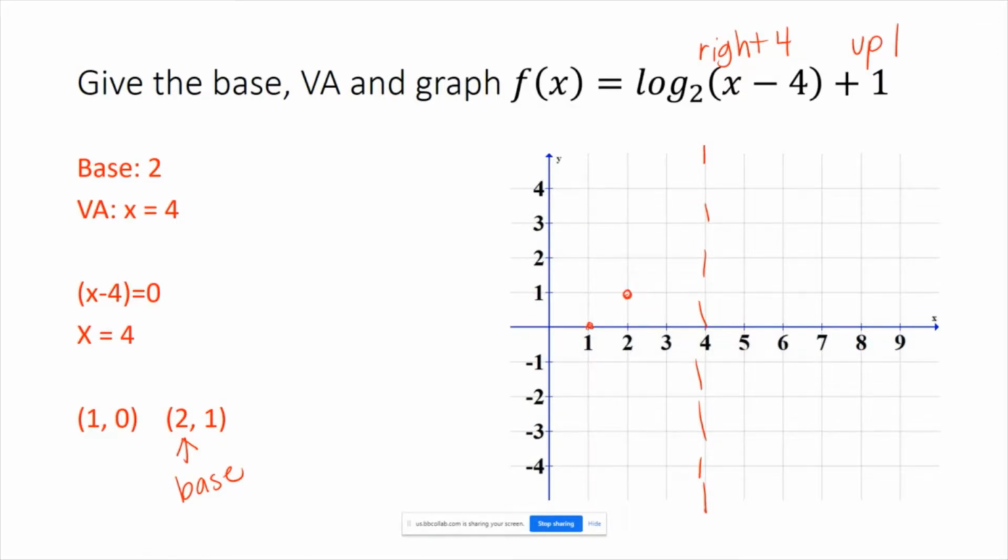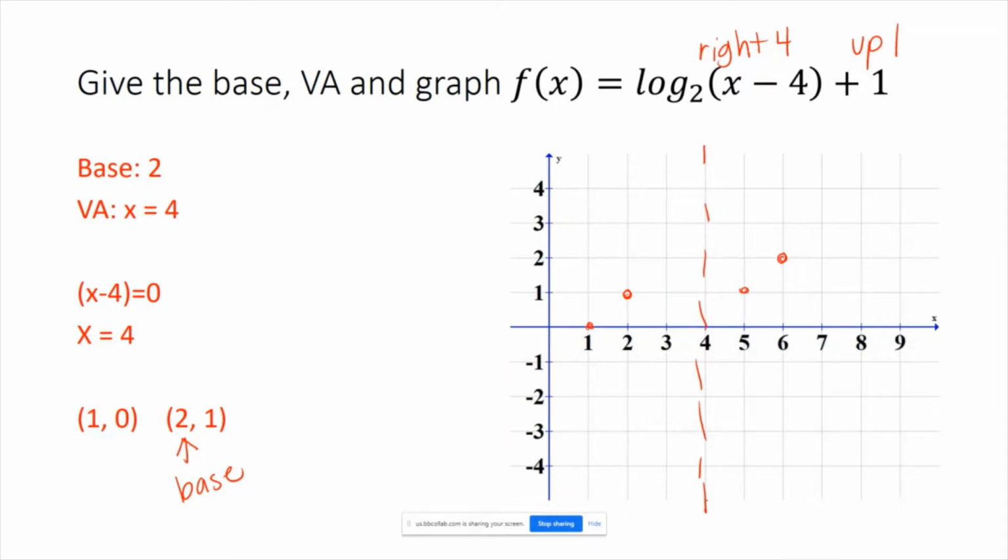I need to move each coordinate point right 4 and up 1. 1, 2, 3, 4, up 1. And take the second coordinate point, right 4, 1, 2, 3, 4, and up 1.